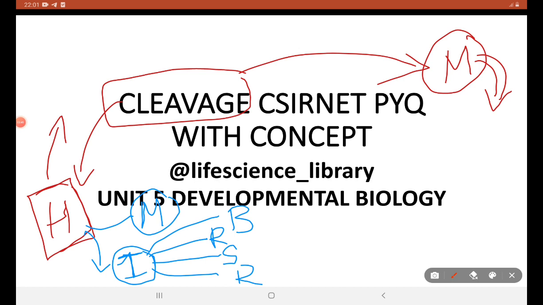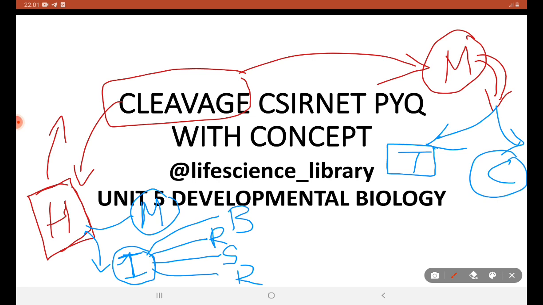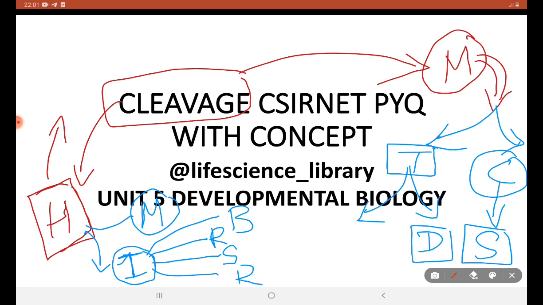Centrolecithal gives rise to superficial cleavage. Telolecithal gives rise to discoidal and bilateral.